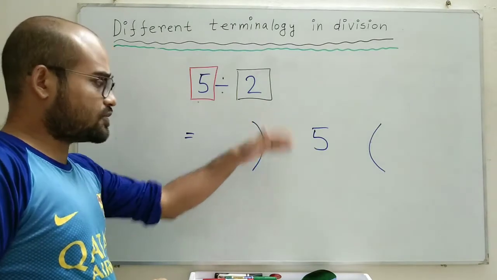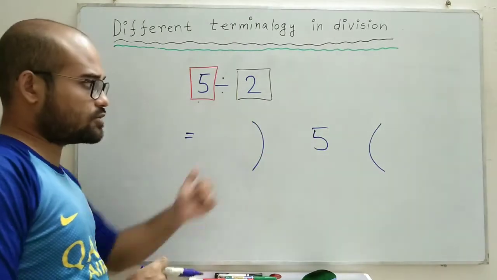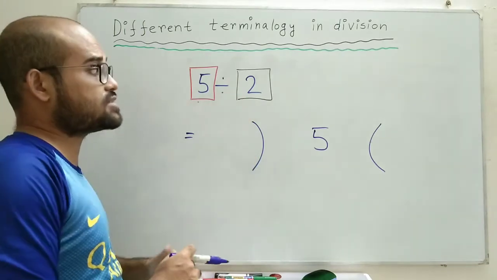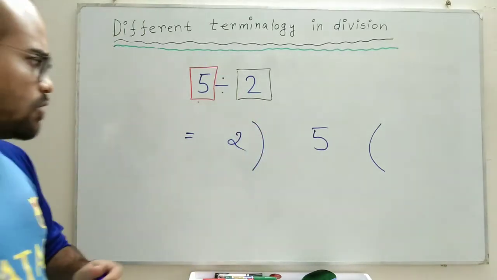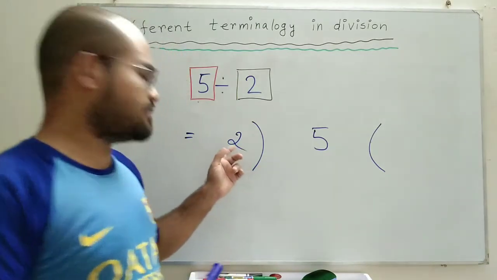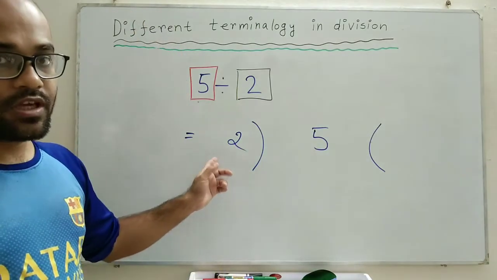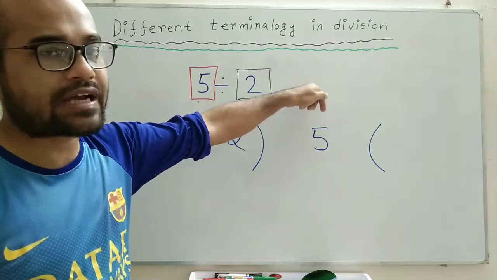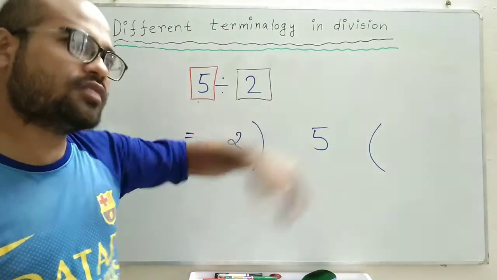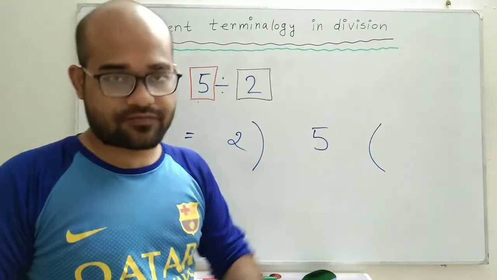On the left side of the first inverted bracket, which number do we put? We put the divisor, which in our case is 2. Now we will have to read out the tables of 2 in order to reach a number as close to 5 as possible, or preferably equal to 5.